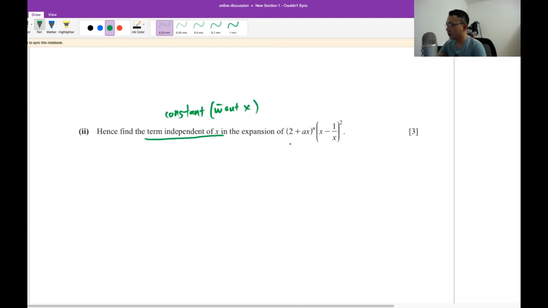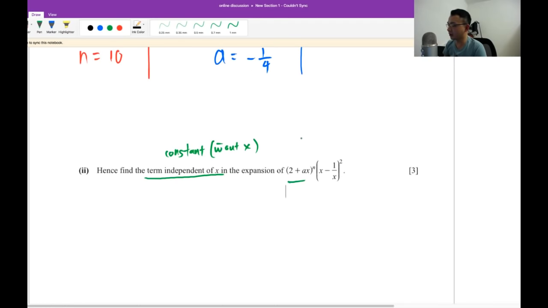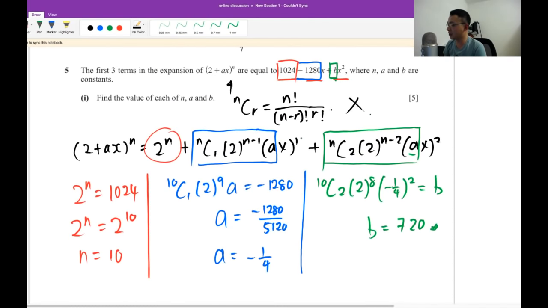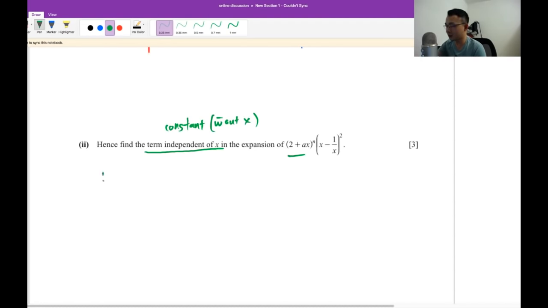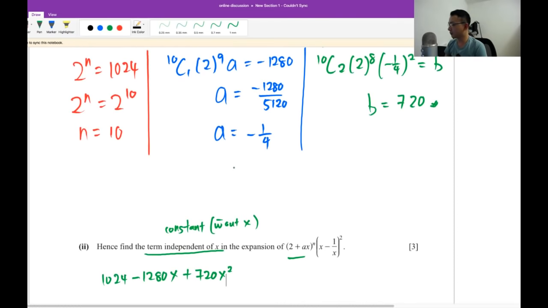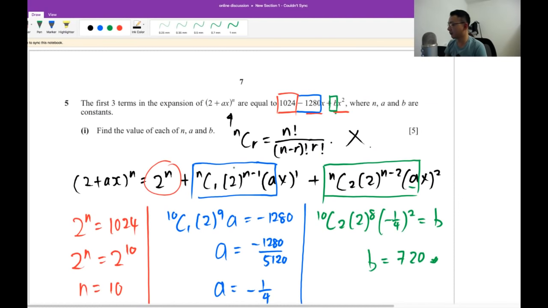Right, so we have this one on the top there, which is 1024 minus 1280x and then plus 720x squared. If I'm not mistaken, let me double confirm.